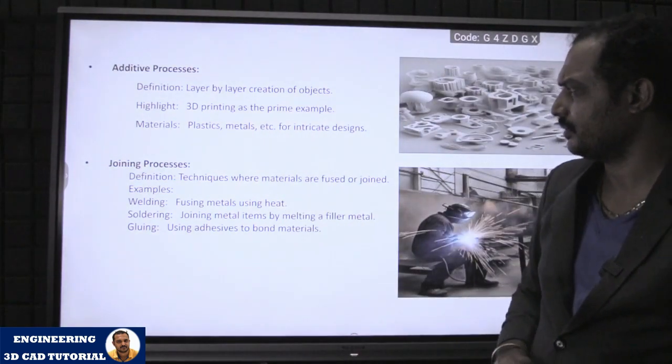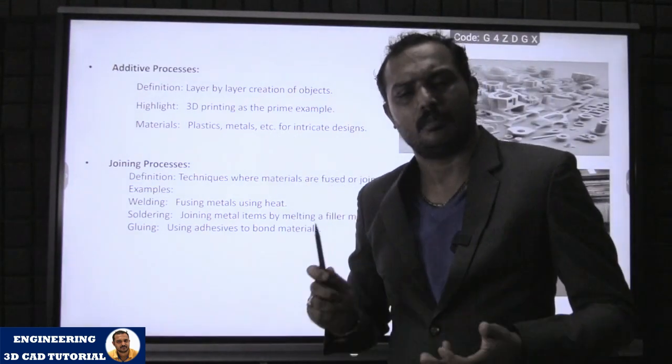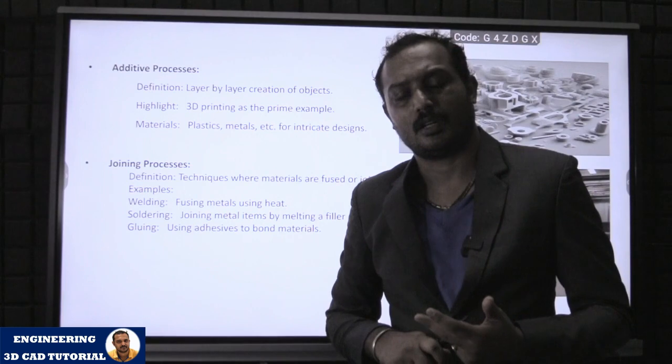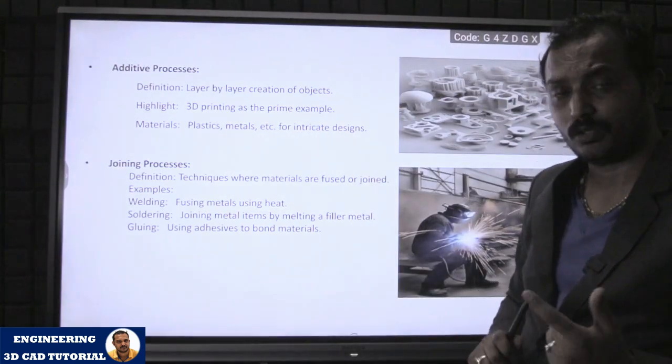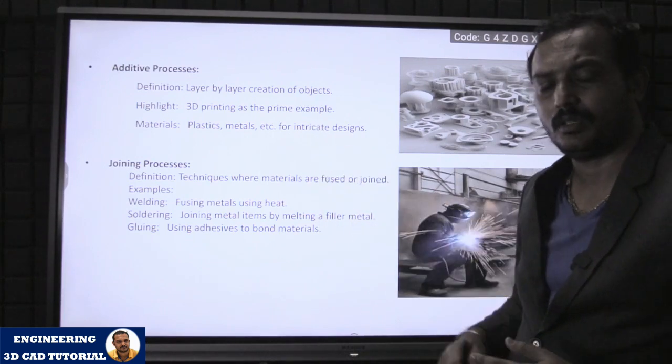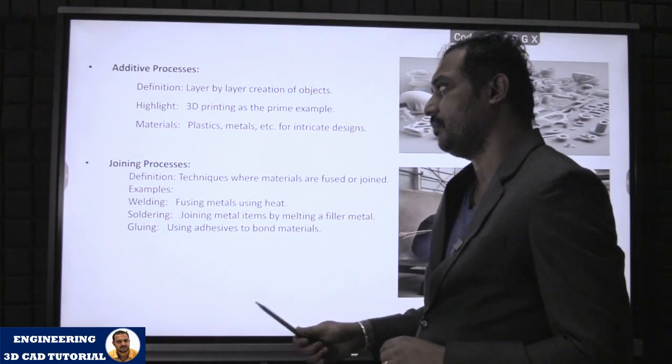In 3D printing, metals, plastics, and composites can be printed. Even the aerospace industry is running behind this to reduce the cost of production of components.